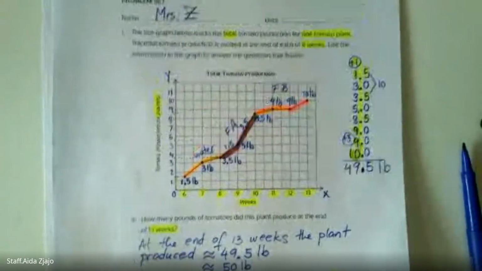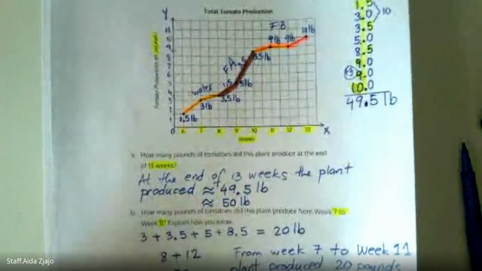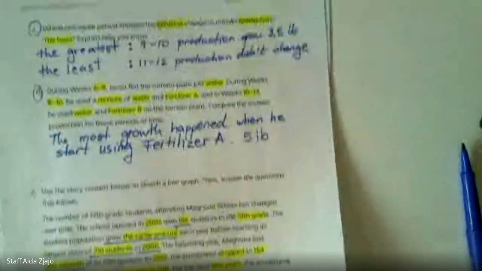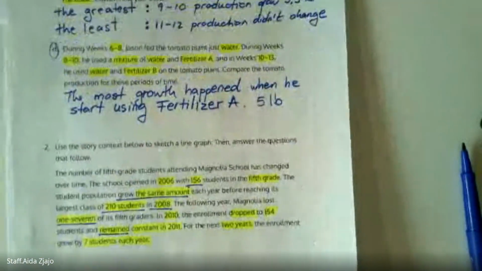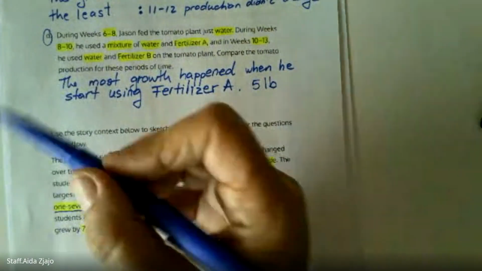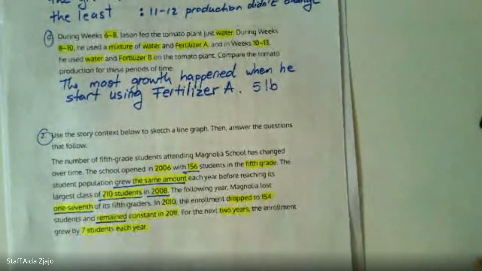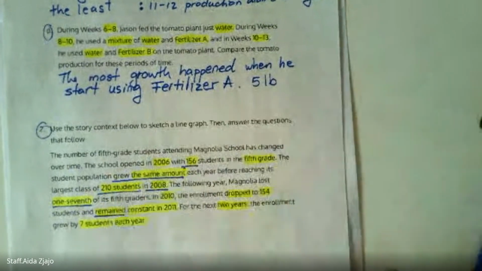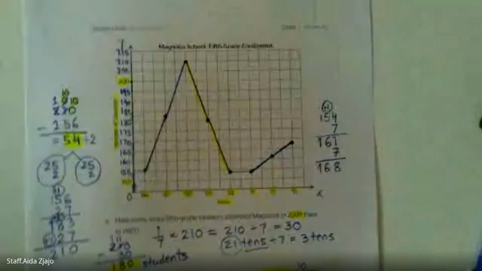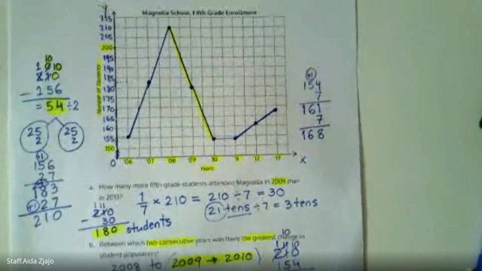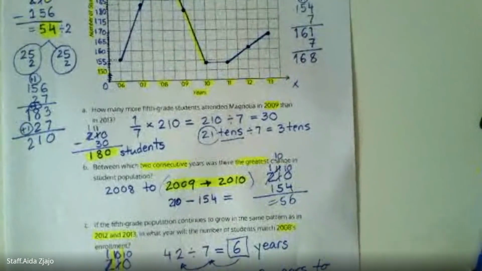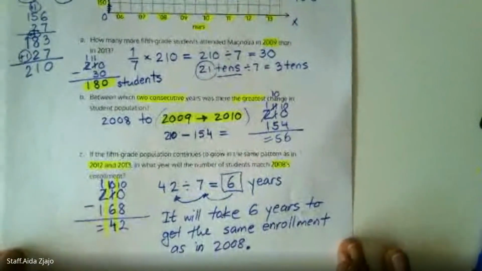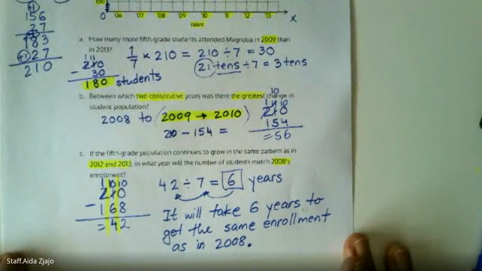Problem set number 1, A, B, and then we finished C, D, and then we started problem 2, which was that Mongolian school. There's information for that, and then we drew the graph and answered A, B, and C questions on that problem.